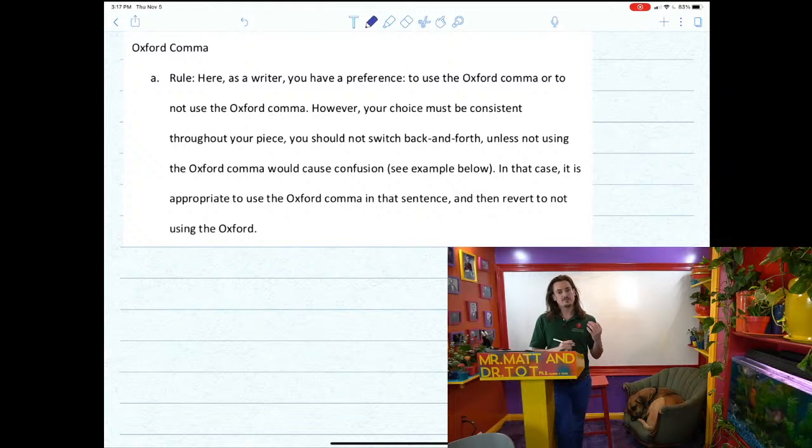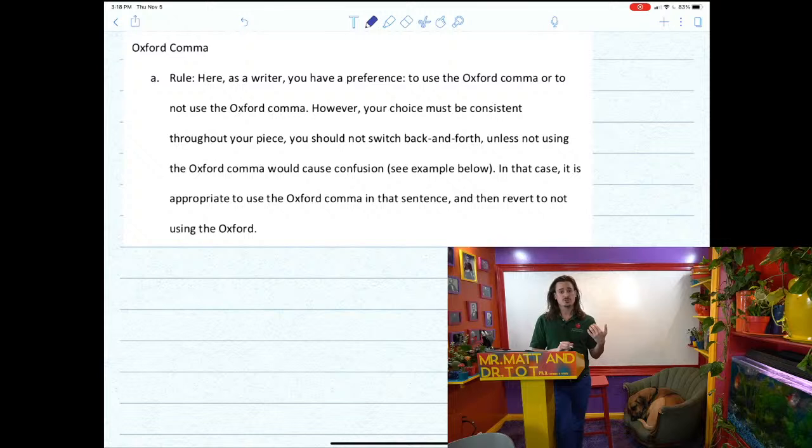You'll see in a lot of fiction, many writers prefer to omit the Oxford comma, thinking that it's redundant or needless. But it's up to you whether to use it or not. But the main rule is that you just have to pick a preference and then not deviate back and forth, at least within the same piece. You can change your mind throughout life.